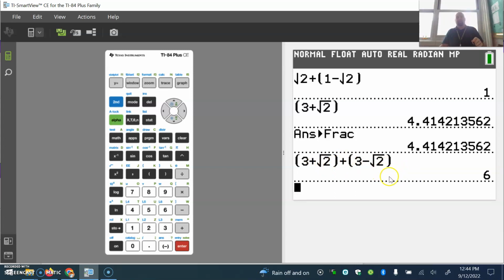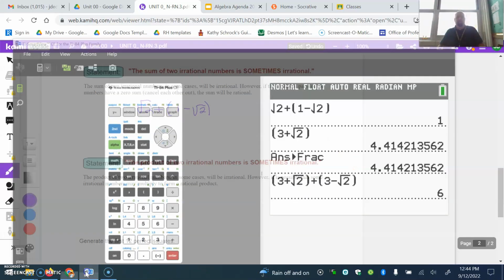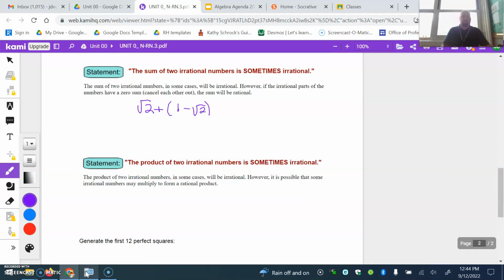Those are both irrational numbers, but when I add them, the decimal parts of them cancel, and I'm left with a whole number, 6. So that is the other example of a possible situation where irrational plus irrational gives me rational.